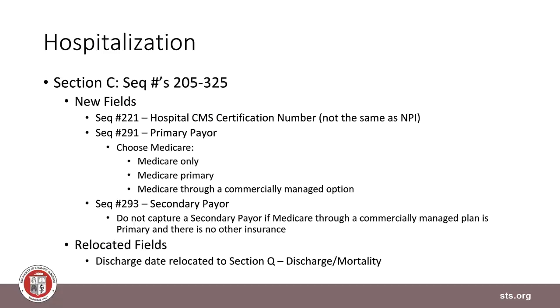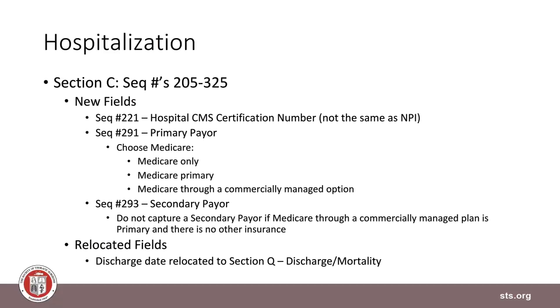In sequence number 291, primary payer, Medicare is to be chosen as the primary payer if a patient has Medicare only, Medicare primary with a secondary such as Medicare with Medigap coverage through Blue Cross or Aetna, or Medicare is provided through a commercial insurance such as Blue Cross Medicare Advantage.